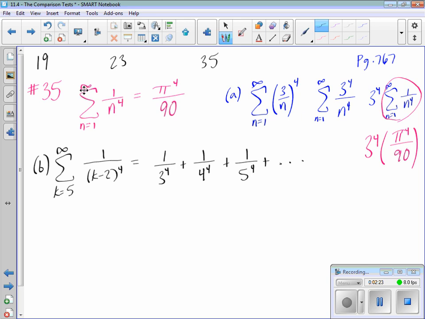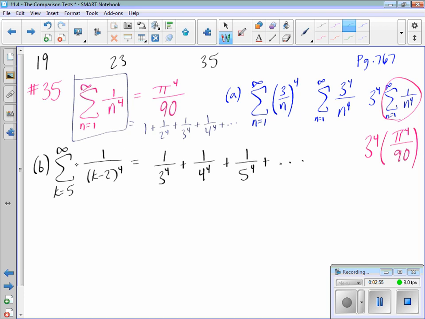Okay, now let's take a look at this part up here and list out some of the terms. So if I plug in 1, I get 1. If I plug in 2, I get 1 over 2 to the fourth. If I plug in 3, I get 1 over 3 to the fourth, 1 over 4 to the fourth, and then dot, dot, dot, right?